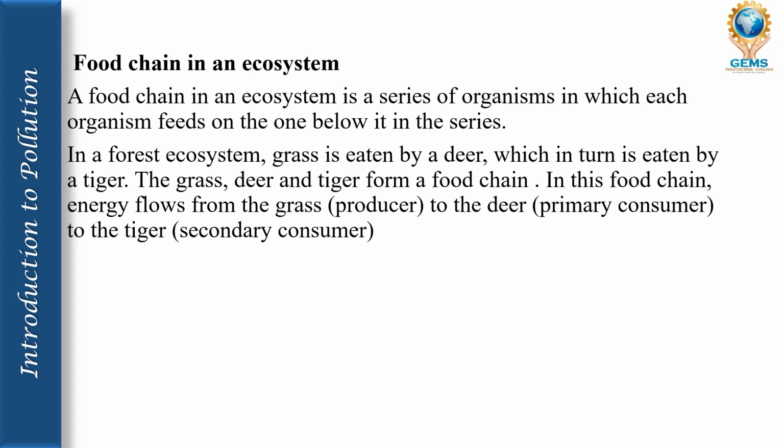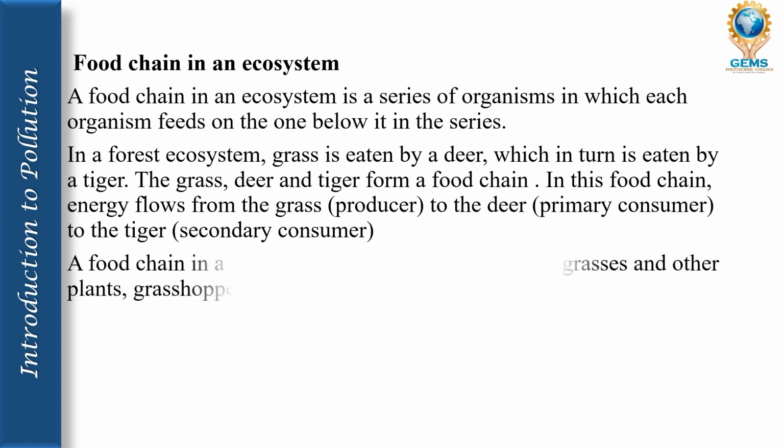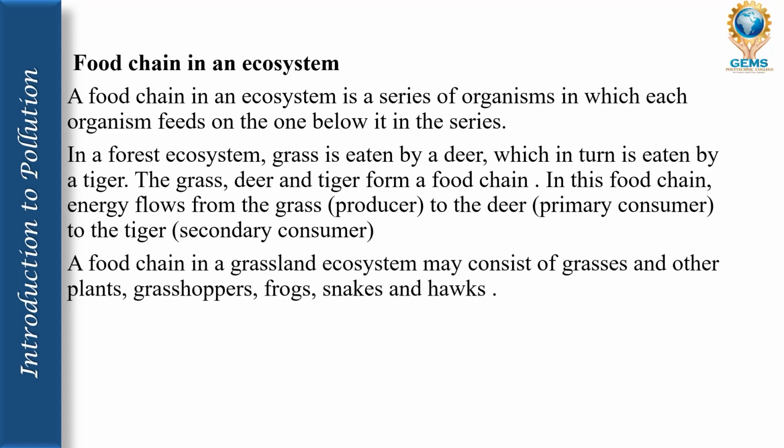In this food chain, energy flows from the grass, the producer, to the deer, the primary consumer, to the tiger, the secondary consumer. That means the deer is totally dependent on grass for food, and the tiger is totally dependent on the deer for food. So that is called the food chain.